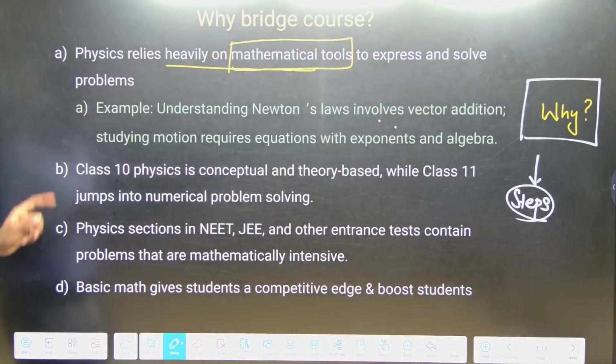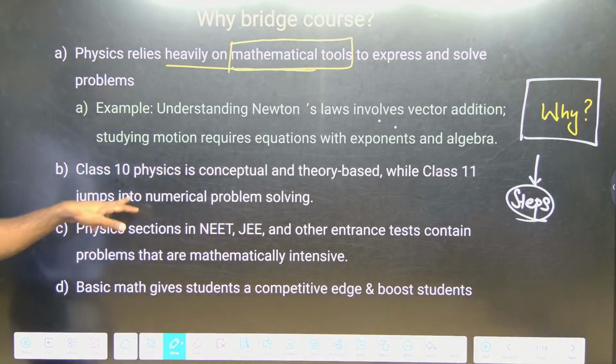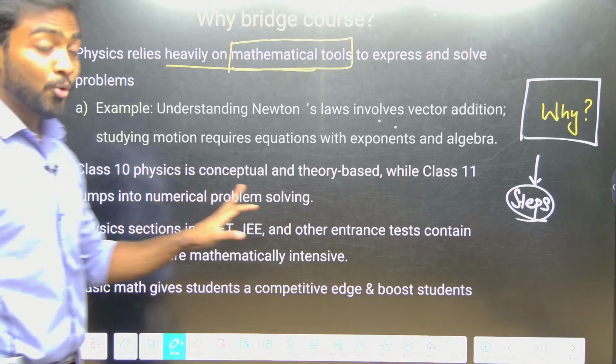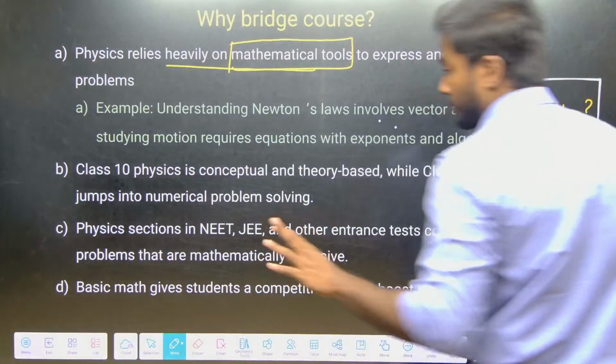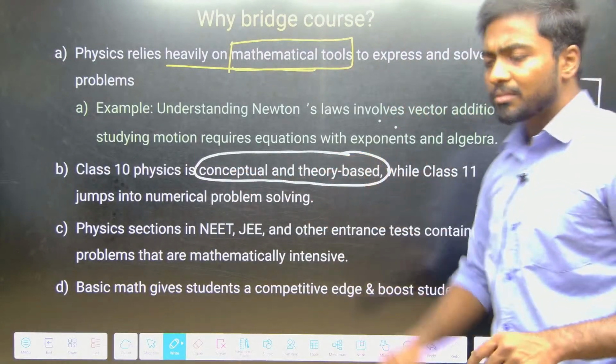So class 10 physics is conceptual and theory based, while class 11 jumps into numerical problems. Listen carefully here. Till now we have studied the theory part.